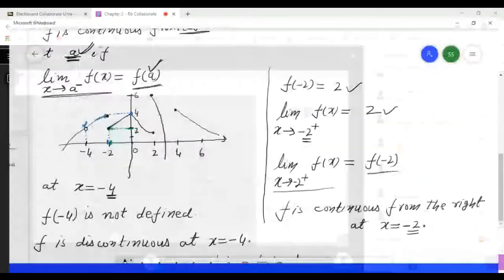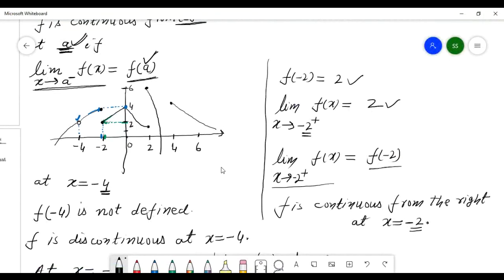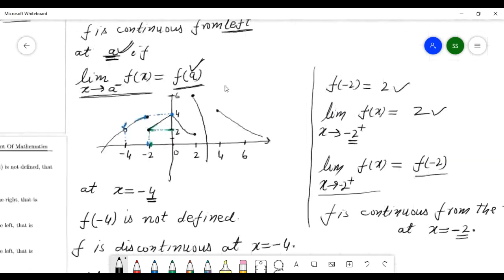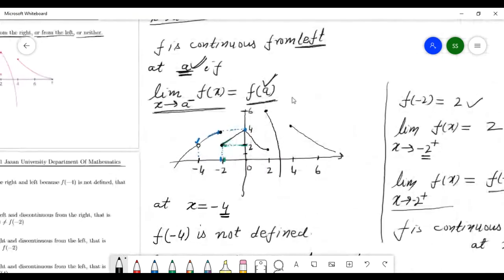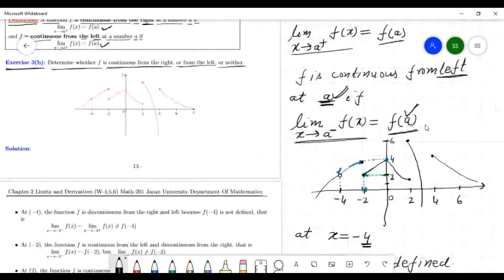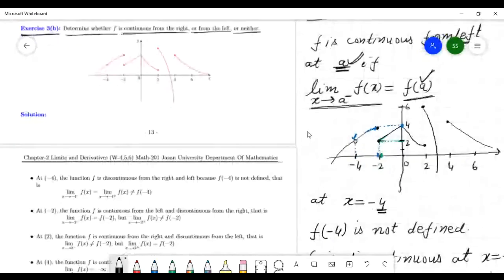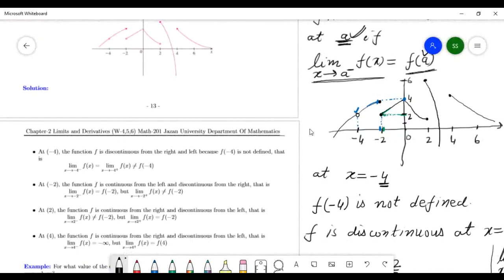Now another. See this. So come to this, it is not finished here. Come to 0 and come to 2. Okay. So look over here at the function.